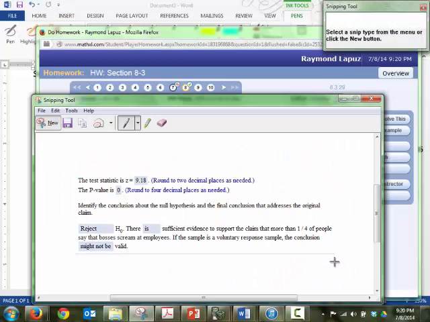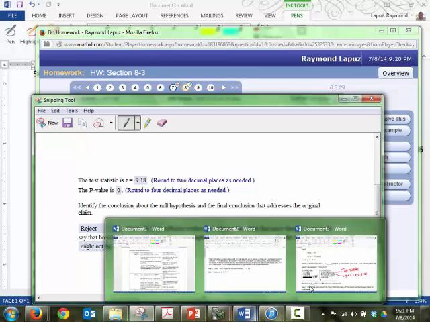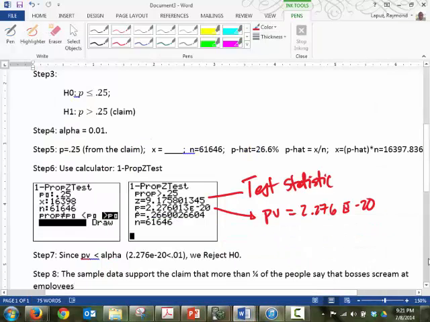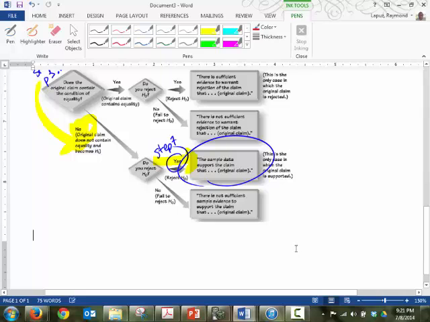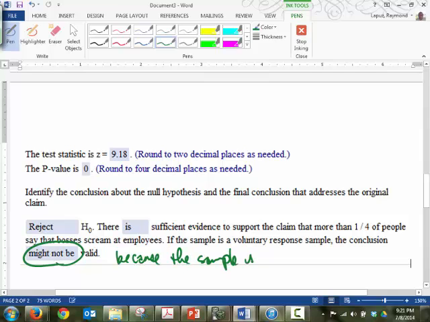Let's put this in there. You have to satisfy the requirements. Yeah, we didn't check that because they didn't ask us to check it, but normally we should check to make sure that the requirements are satisfied. So we can make a note in our notes about this business about might not be valid because the sample is not good.